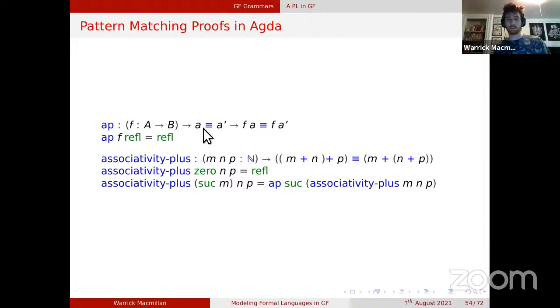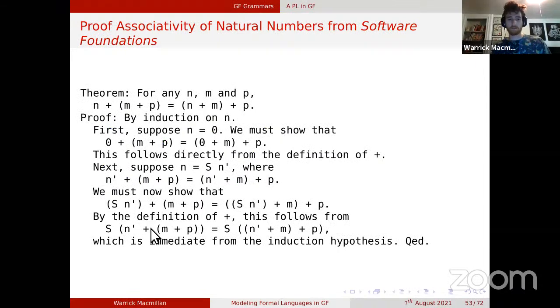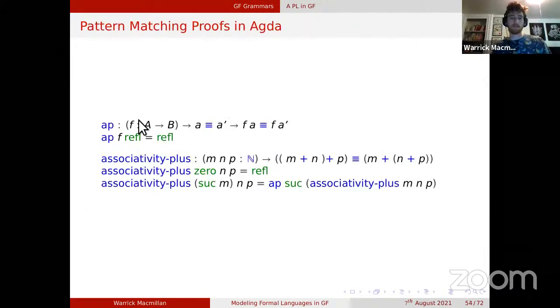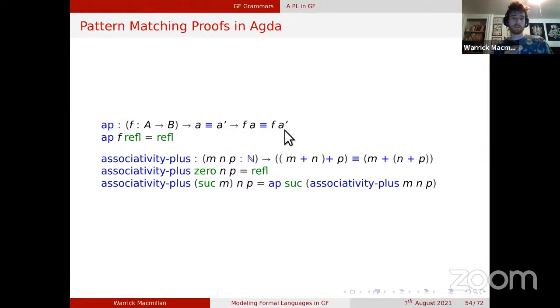And the ap function just says what happens in the last step of this proof is that you apply the induction hypothesis here, and then you apply the successor to both sides. So if you have two things that are equal and you have a function over the space that they're equal on, then you can say that their images are equal in the codomain B. So yeah, this is how the proof goes in kind of vanilla Agda, is that you just apply this ap function.